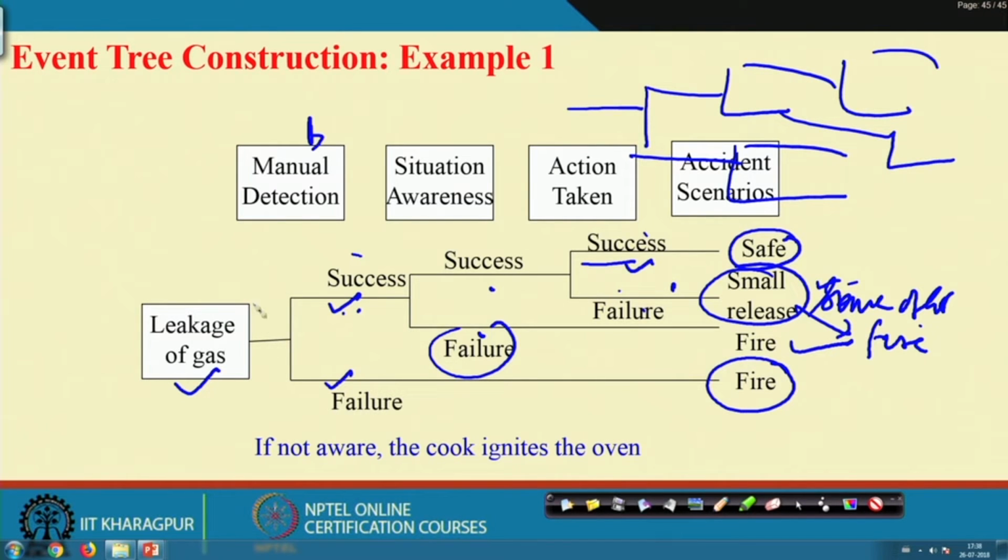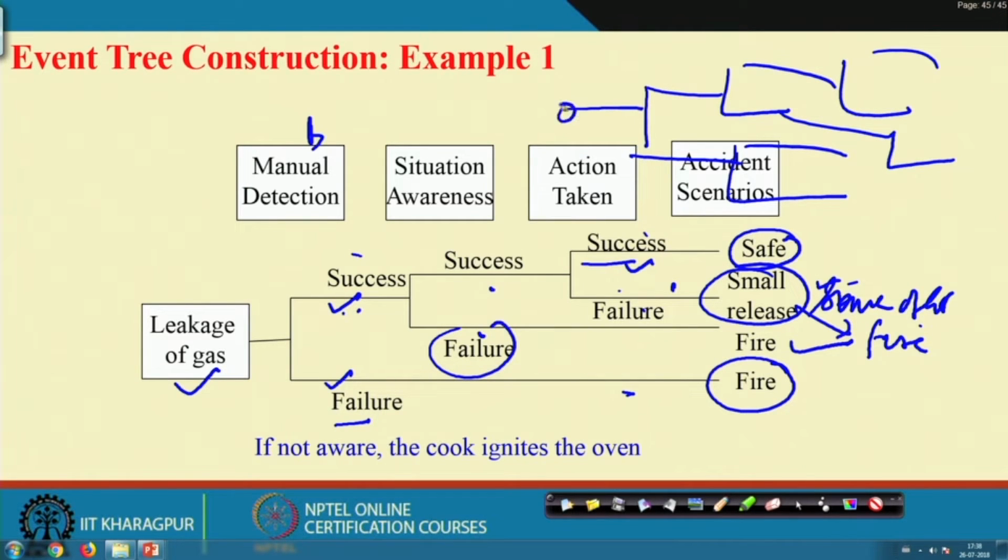So, here, what I mean is, leakage of gas, then failure, I said directly fire. But even in the manual detection failure case, there can be another branching possible if your system configuration is such that certain responses lead to another kind of branching.